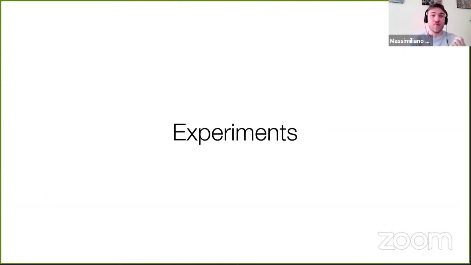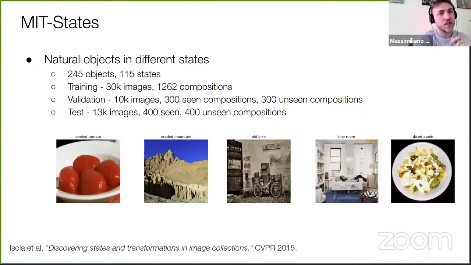So looking at some results, another contribution of this work is not only methodological, but also dataset related, because there are two main datasets for compositional zero-shot learning in the literature. One is MIT-States, where you have 245 objects and 115 states, obtained from images downloaded from the web.